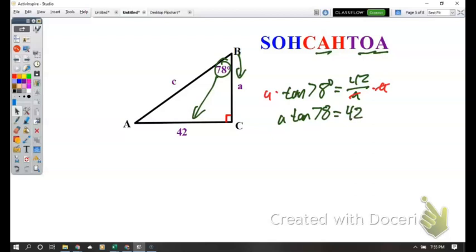But again, I don't want the tangent. I just want A by itself, right? So I need to divide by all of this. So I'm going to divide by the tangent of 78 on both sides. Tangent of 78. And so now A is equal to 42 divided by the tangent of 78.